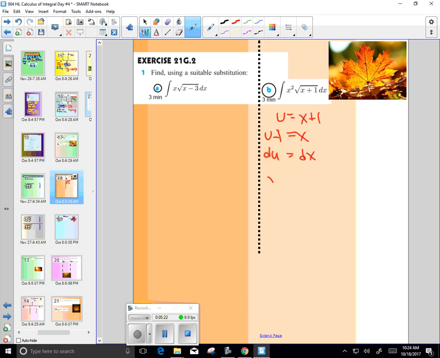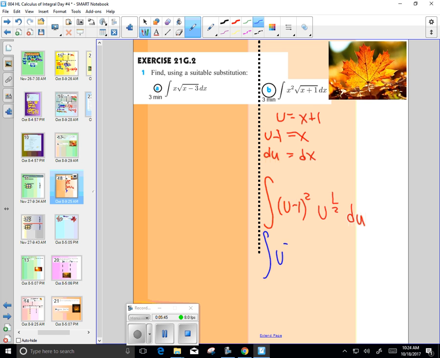So now we're going to plug in. x squared is going to be (u minus 1) squared. This is going to be u to the 1/2 again. dx is du. Do you see why this one's a little more work? Yeah, you've got to expand this thing.